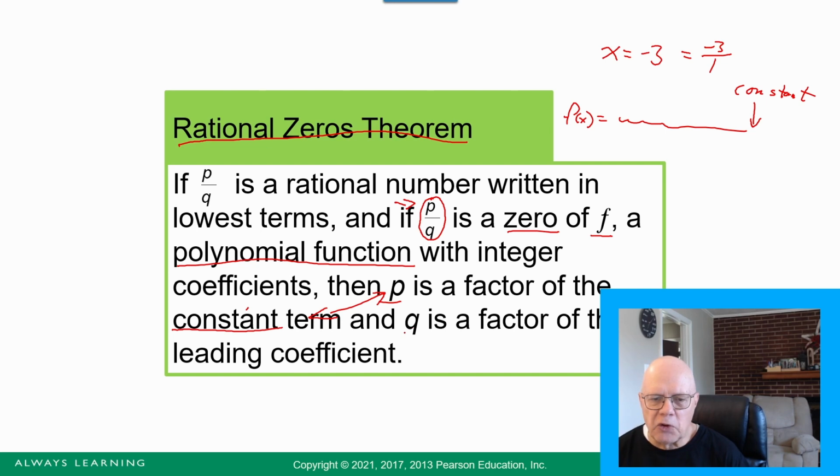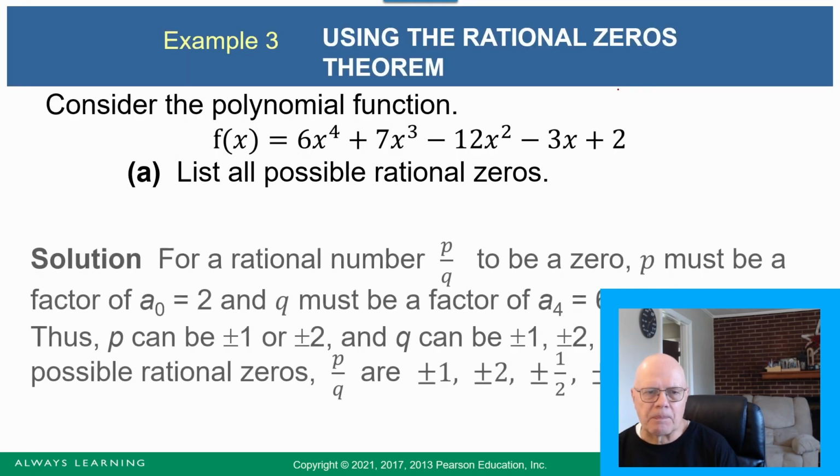And then we have Q, that's for the bottom. Q is a factor of the leading coefficient. So the number out here that's in front of the x, whatever it is, this is going to be a factor of Q. This will make more sense once we use an example.